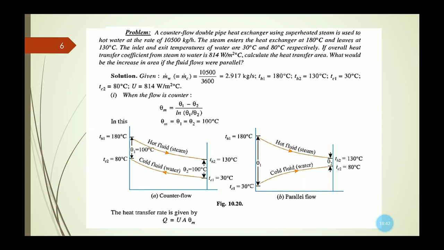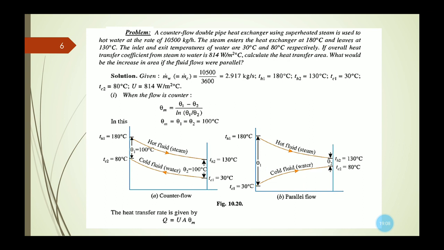So all the values for this counterflow heat exchanger are given, and we need to calculate the heat transfer area. But in the second part of this numerical, it is asked how much the area will increase if the fluid flows were in parallel.